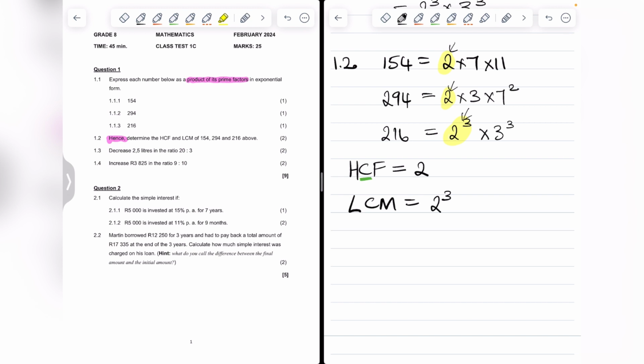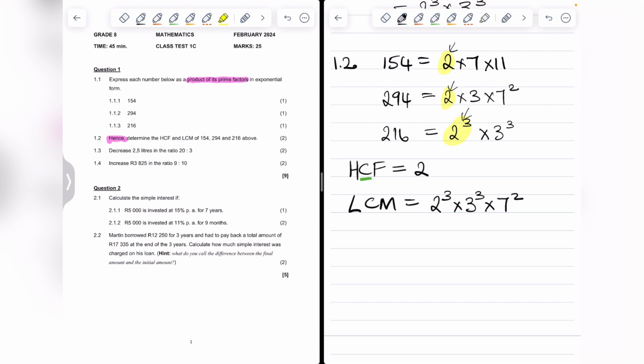For the 3's, I'm going to choose 3 to the power 3, because that's the 3 with the most or the highest exponent. For the 7's, I'm going to choose 7 to the power 2. There's a 7 over here, but this 7 has the highest amount of 7's, or the biggest exponent, so I'll choose that one.